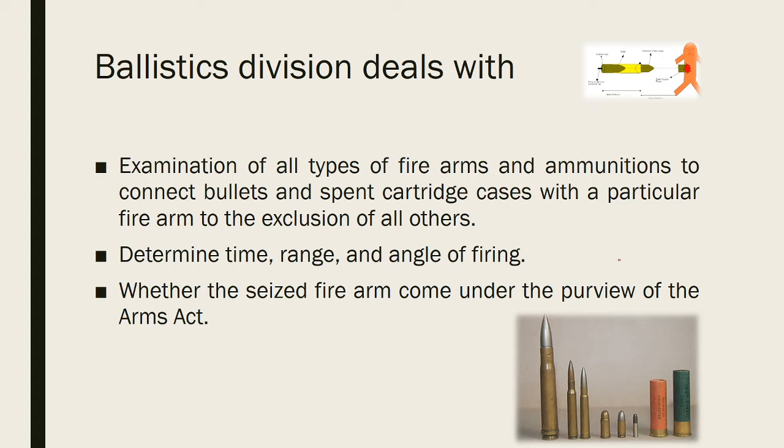So the ballistics division deals with examination of all types of firearms and ammunition to connect bullets and spent cartridge cases with a particular firearm to the exclusion of others.